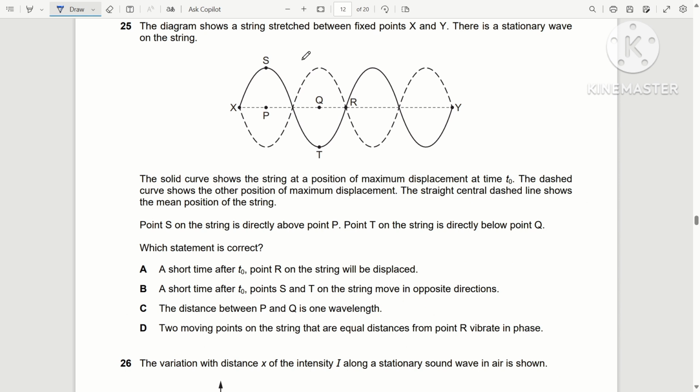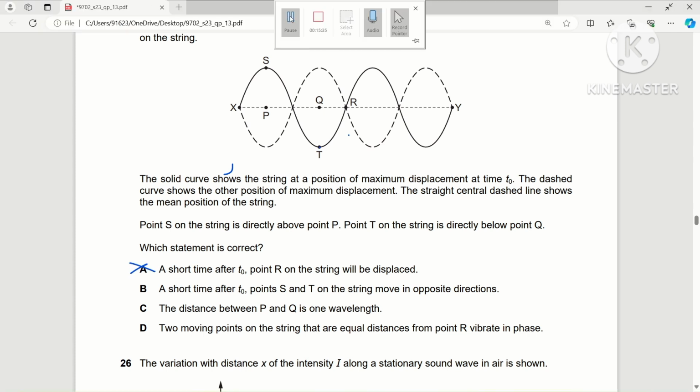Straight center line shows the mean position. Point S is directly above point P and T is directly below Q. Which statement is correct? A short time after t naught point R on the string will be displaced. So R is representing an antinode, right? So there will be no displacement. It will be 0 because it will remain fixed. So A is wrong.